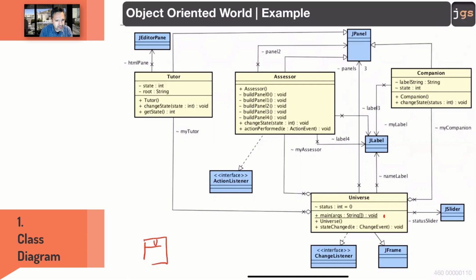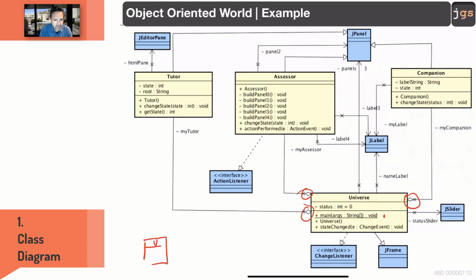And did you notice the diamonds? Did you notice 1, 2, 3 diamonds? Diamonds, composition, association, having. What is my class universe going to have? We just follow the lines, and it's going to have an object tutor, an object assessor, and an object companion.